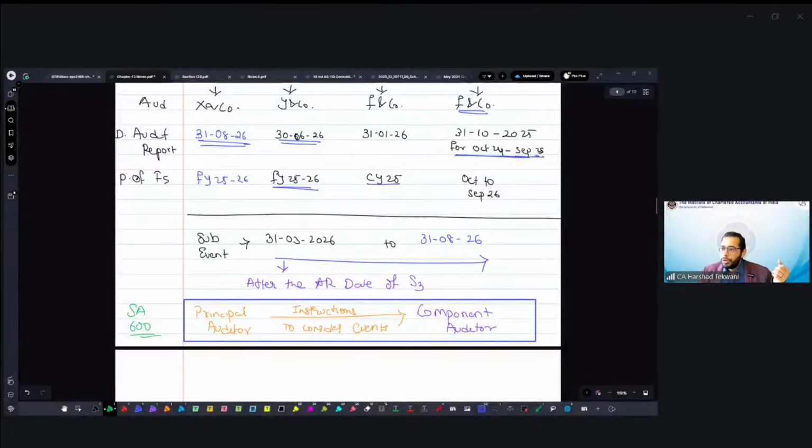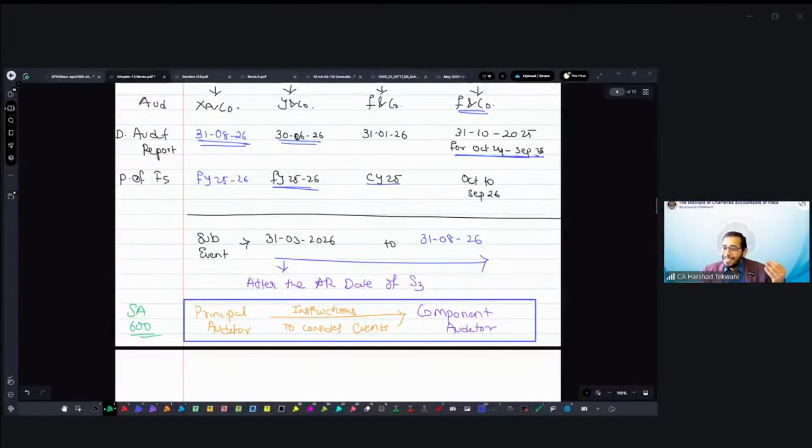This particular part is very important to understand, because subsequent events will change from year to year. It is not something that will remain the same. Whatever subsequent event is there today, not necessarily will it be there next year.